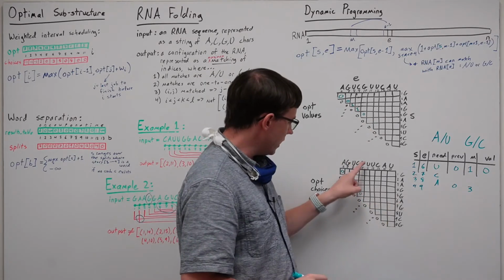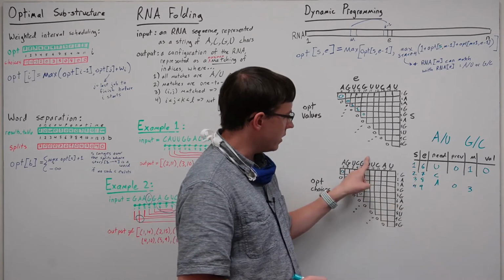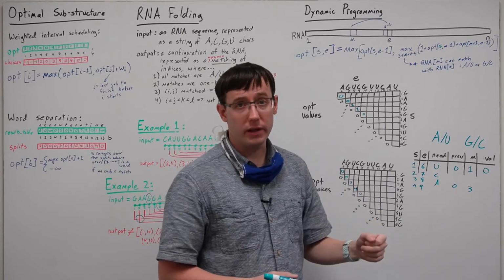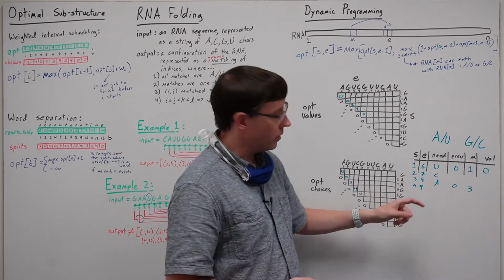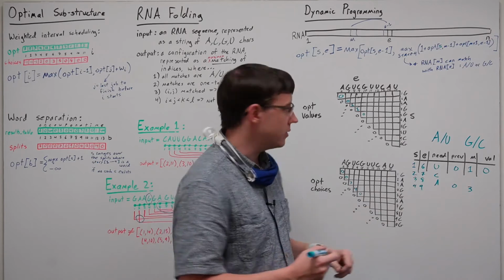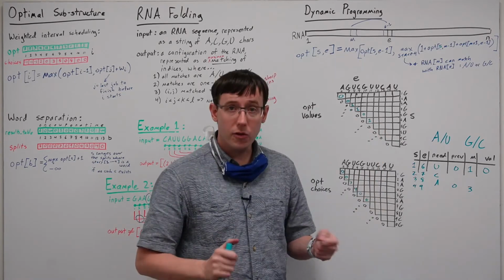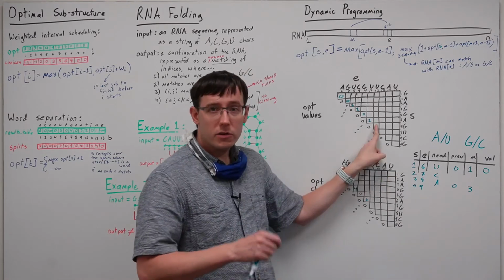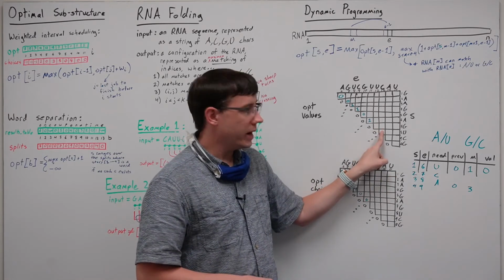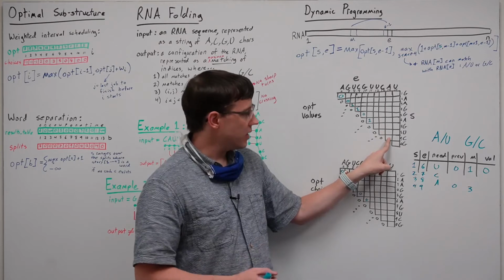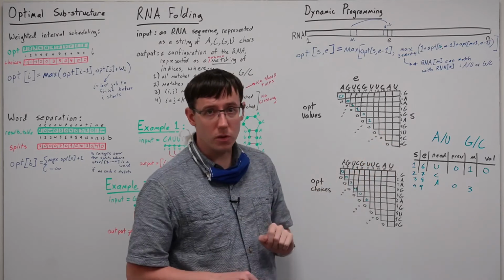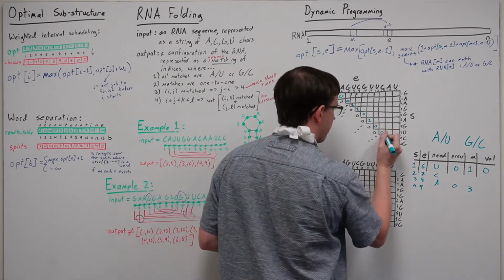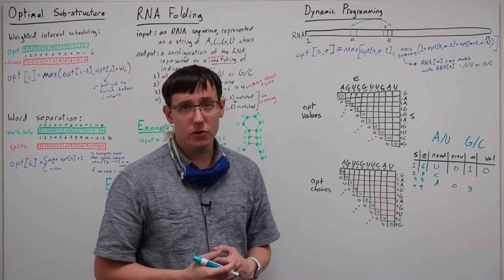From 6 to 11, we have an A and a U, which do match, so again we're going to get an optimal value of 1, and we'll record our M value of 6. And the rest of the way, we don't have any more matches. We have G against U, U against C, C against A, and G against U. So all of these will have no valid pairs, and we fill in zeros for both tables.